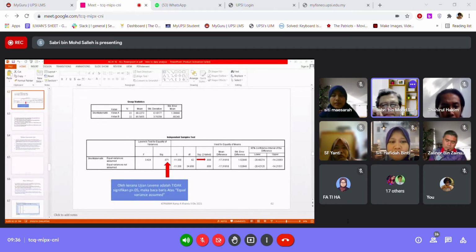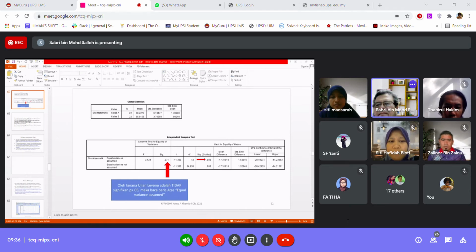Okay ya? So yang ini kita buat two tail, bukan one tail. Row atas, row bawah akibat daripada taburan tu homogen atau tidak. Okey, boleh? Boleh doktor.